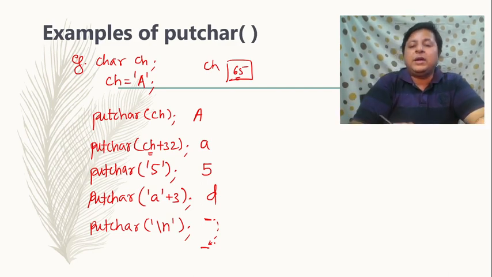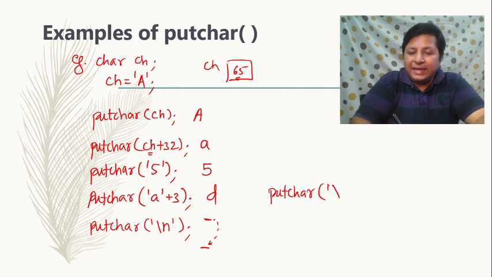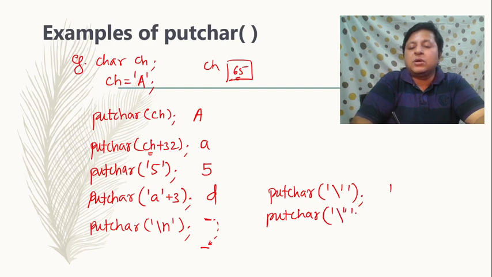If I want to print, let's say, a single quote, I can do it something like this: putchar, put the backslash and a single quote, then only it will be printed as a single quote. If you want to print a double quote, putchar, again backslash double quote, and that will be printed as a double quote. Because there is a confusion of keeping it in the single quote, you have to make use of backslash to differentiate.